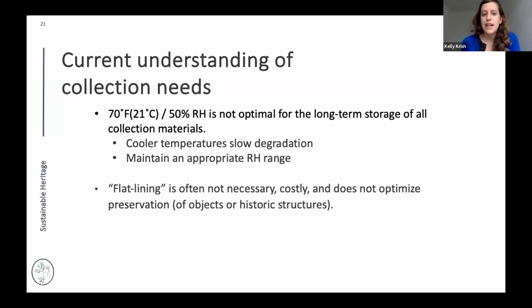So prioritizing flatlining, having that perfectly straight line when you do your environmental monitoring, isn't necessarily the goal. It can be quite costly, and it doesn't necessarily indicate that preservation of the object or an historic structure is being achieved. There are a lot of factors that go into play with that, but we can get into more of that with Chris's section.